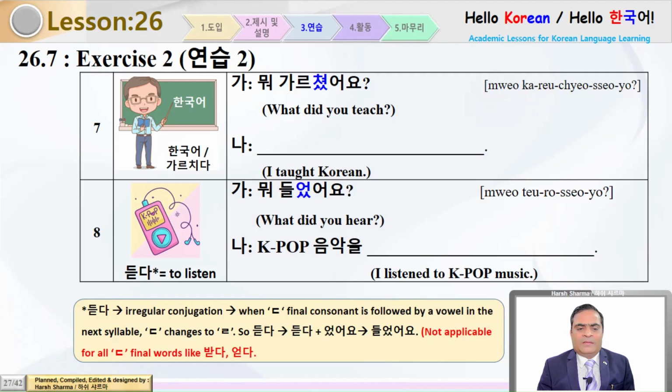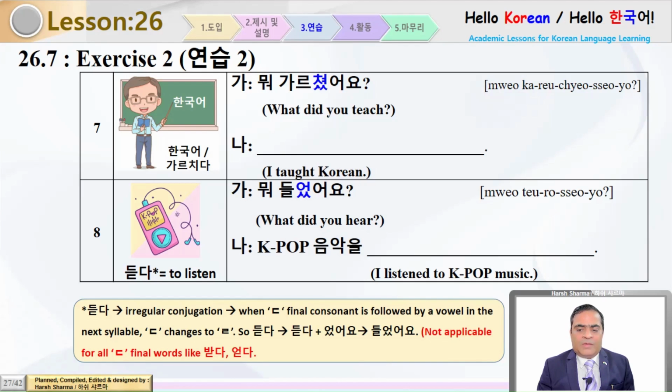And number 8. To listen, 여러분. Verb is 듣다. 뭐 들었어요? What did you hear, 여러분? K-pop 음악을. This 듣다, 여러분, has the irregular conjugation. Please see the yellow box below number 8. 듣다, we have the ㄷ 받침, 여러분, and when it is followed by a vowel in the next syllable, ㄷ changes to ㄹ.